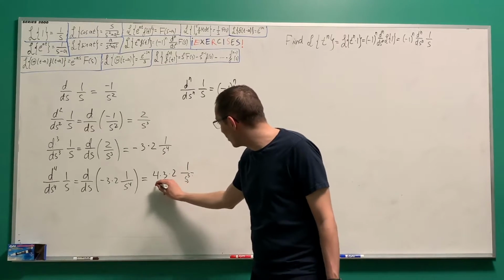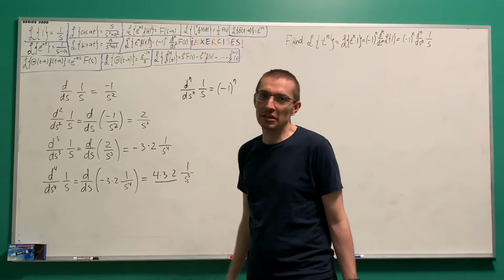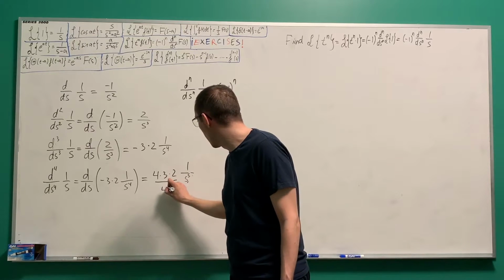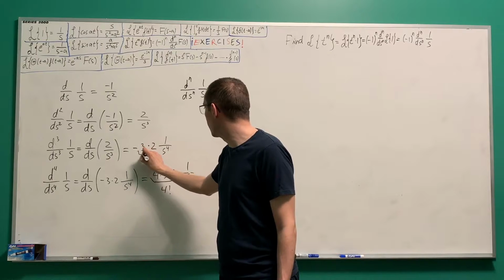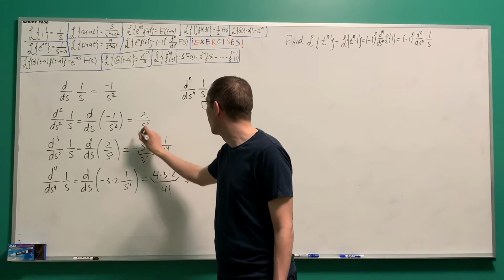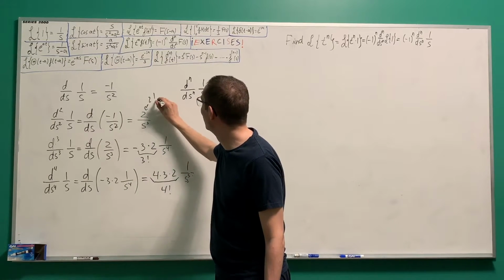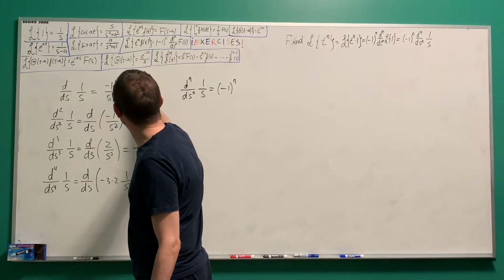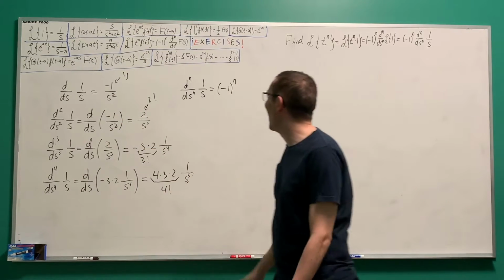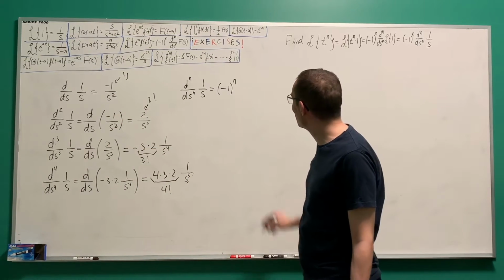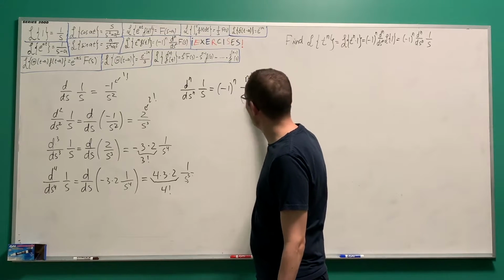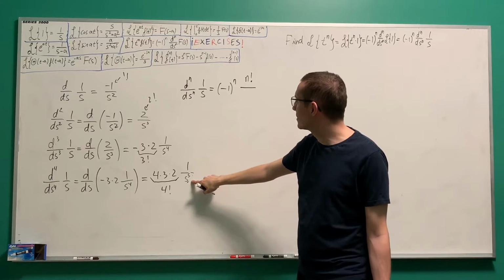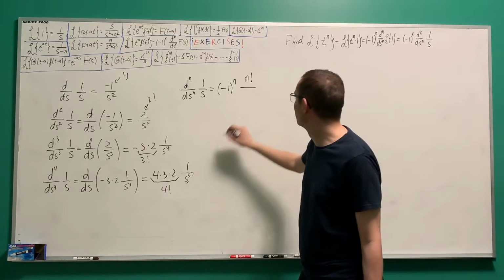And what do I get here? 4 times 3 times 2 times 1. That is 4 factorial, that thing. That thing here is 3 factorial. That thing here is 2 factorial. That thing here is 1 factorial. Aha! So what I get as a coefficient is n factorial divided by s to the n plus 1.